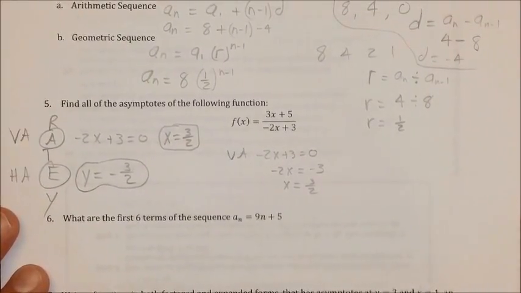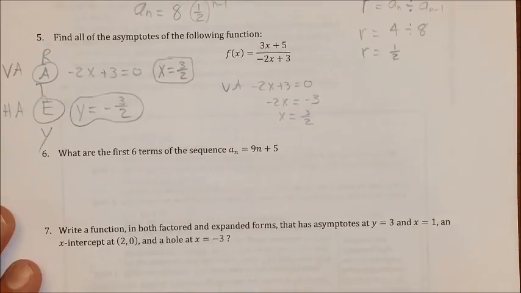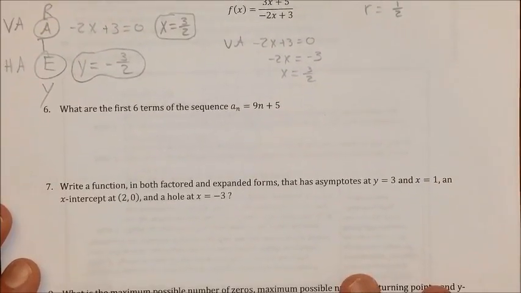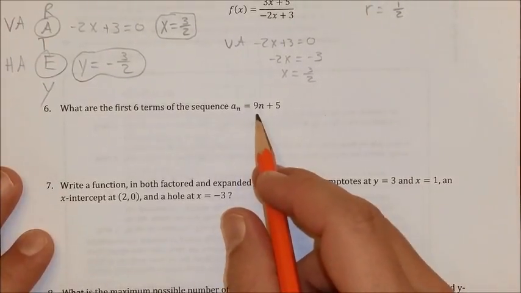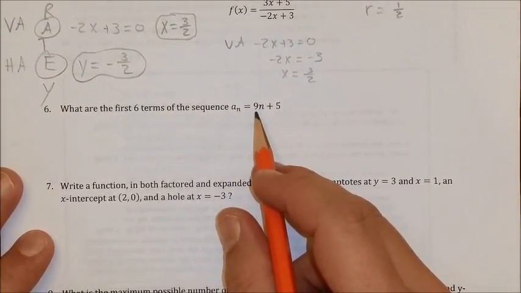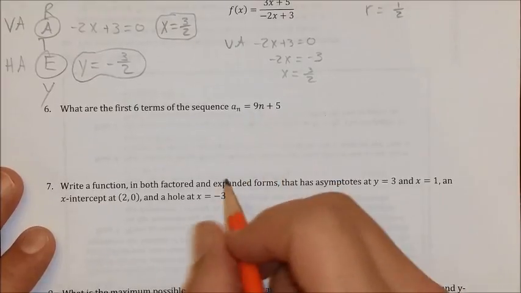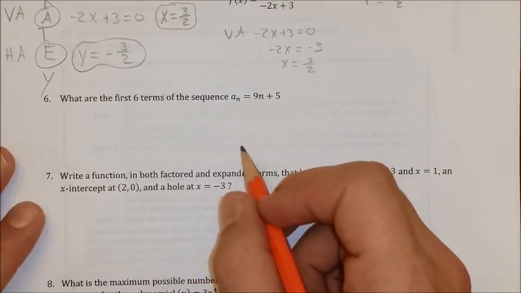All right, question number 6. What are the first 6 terms of the sequence a sub n equals 9n plus 5? That seems really straightforward to me.